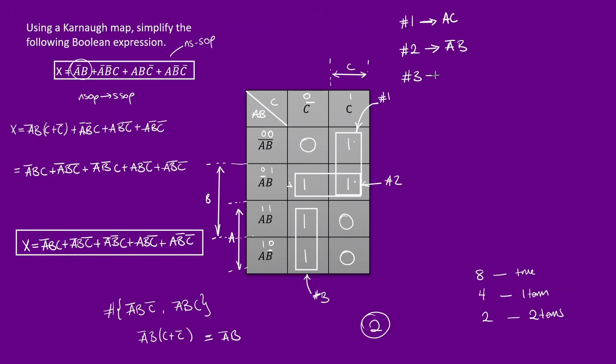For prime implicant 3, okay, we can actually try and write this out. So set 3 is made up of AB not C, and this is A not B not C. Factorizing this out, what do we see is common?